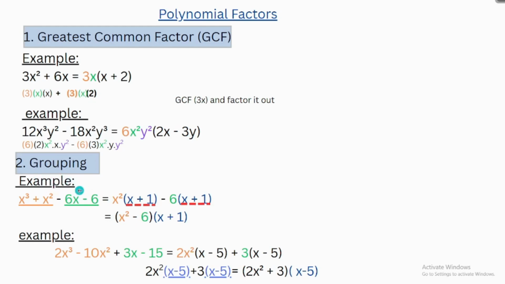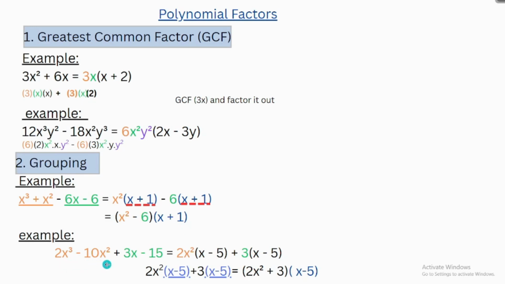There is also grouping. When we find x cubed plus x squared minus 6x minus 6, these two terms have x squared common, these two terms have 6 common, and we will find that the brackets are common, so we will get x squared minus 6 times x plus 1.